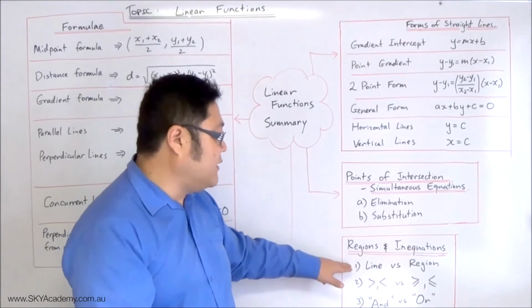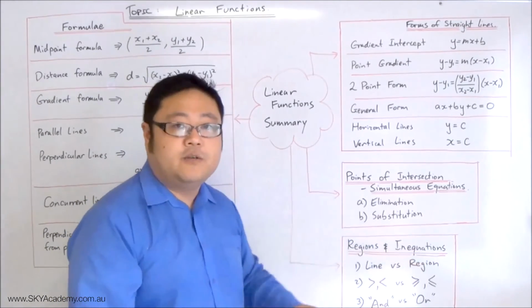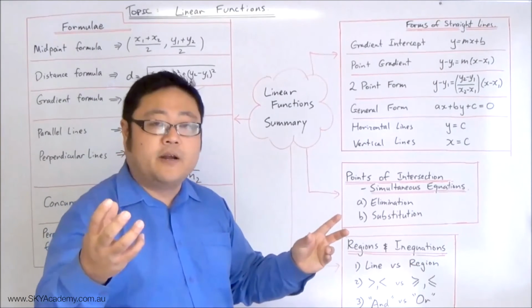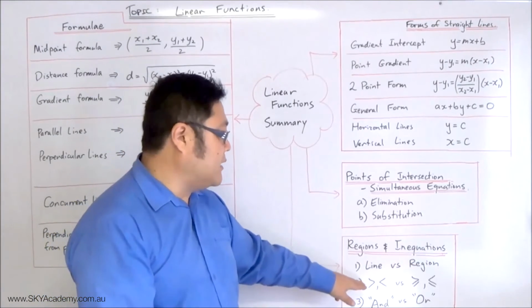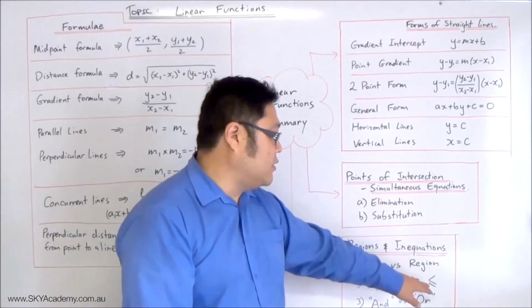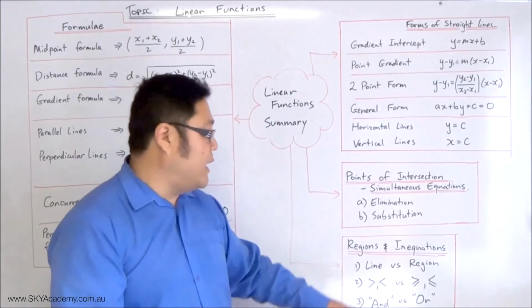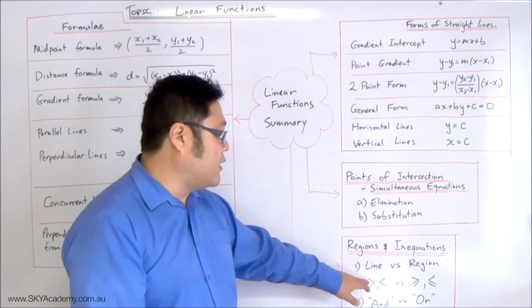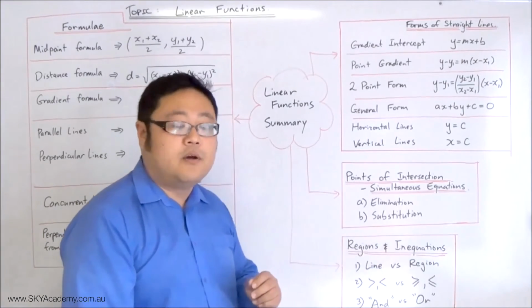We looked at the difference between a line versus a region, where you've got an equal sign or an inequality sign. We looked at the difference between greater than or less than, and greater than or equal to or less than or equal to, where in one case you've got broken lines and in the other you've got unbroken lines.